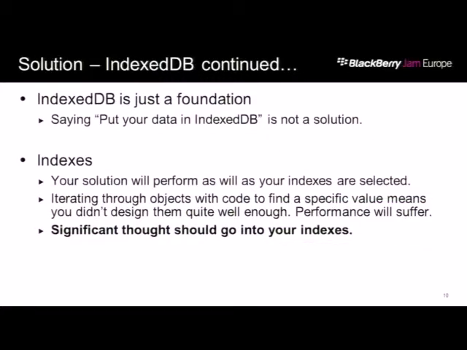I'm going to jump ahead a bit here. One of the things that IndexedDB indexes don't support is multilingual sorting. So if you have non-English languages that you want to be sorting correctly, you're going to have to do that yourself by creating an index on something else.